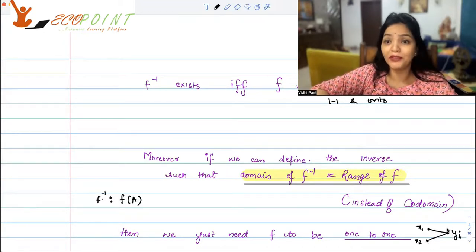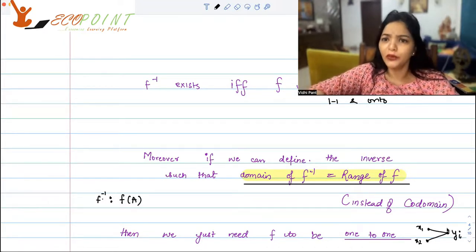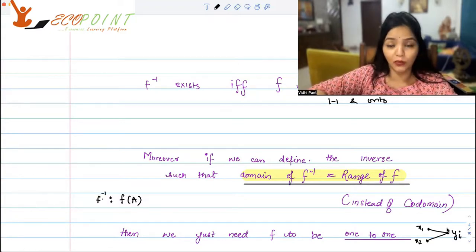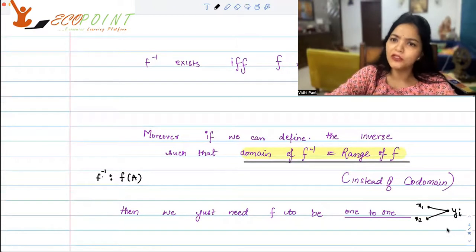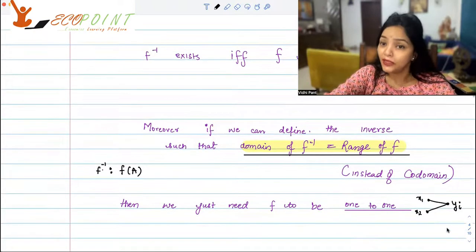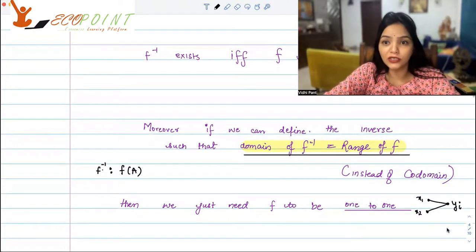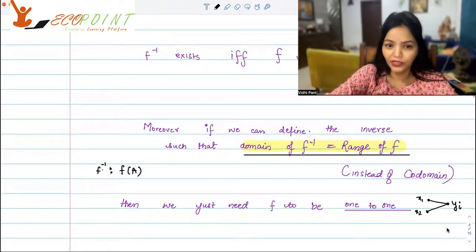No, that cannot happen. That will not be a function. So one-to-one is a required property whatsoever. It's the most important thing. So if a function is just one-to-one, then also you can construct an inverse by taking the domain of the inverse function as the range of F.